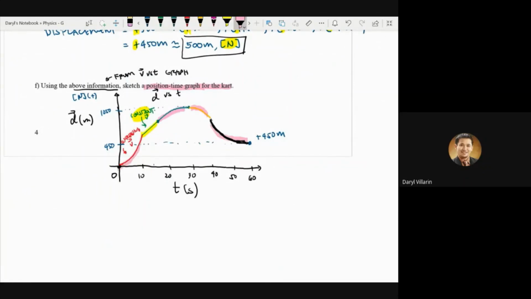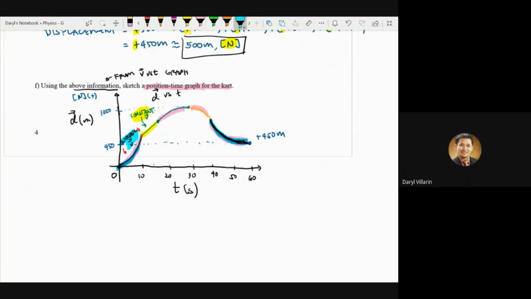That is to be expected. So if the graph is something like this or something like this, maybe I'm just going to use a different color, that would be increasing velocity, or that means that the magnitude is increasing.